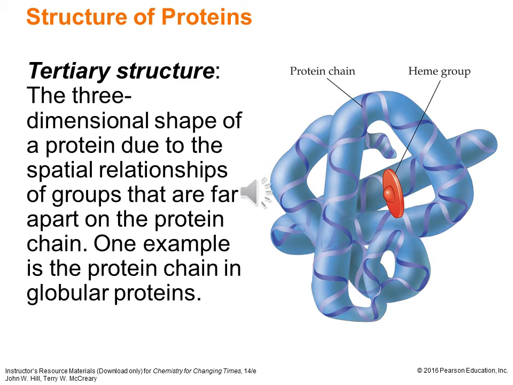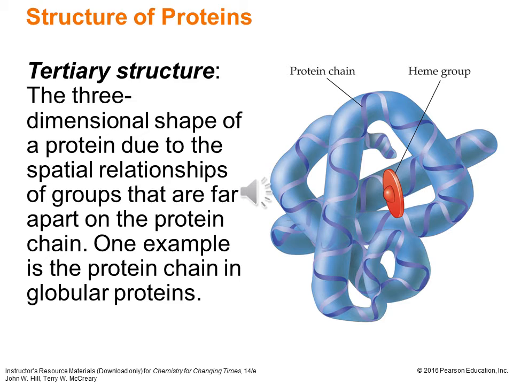So the protein chain in a globular protein. Those of you who are as old as I am probably remember the old telephone. In our day, at least, we had telephones that had cords. We didn't have cordless phones until a little bit after I was born. And so you had the phone cord, and the phone cord itself is sort of like an alpha helix, if you know what a phone cord looks like.